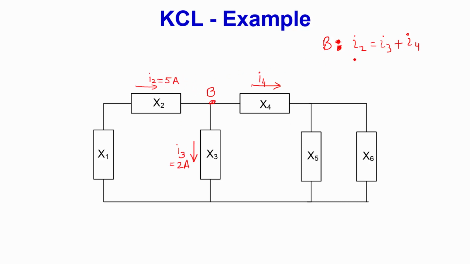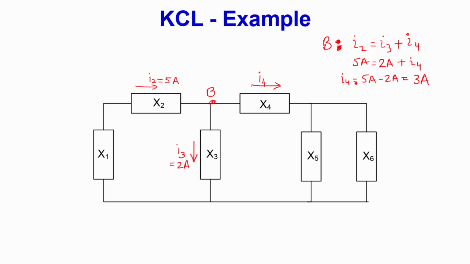I2 is 5 amperes. 5 amperes is equal to I3, which is 2 amperes, plus I4, which is unknown. Now to solve this equation, we would place I4 on one side and everything else would go on the other side. So 2 amperes goes to the other side and becomes minus 2 amperes. So this implies I4 equals 5 amperes minus 2 amperes, and that turns out to be 3 amperes.